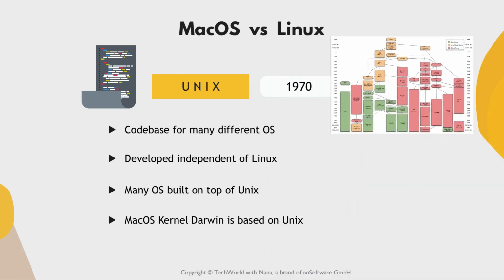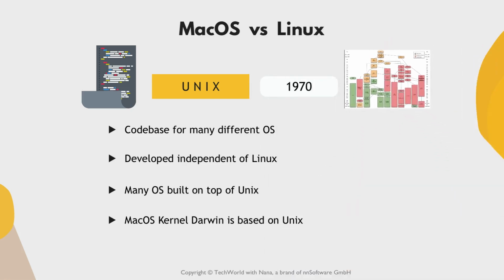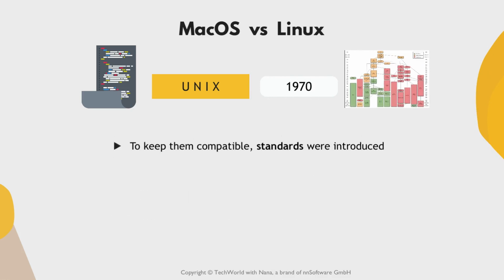And because many different operating systems were developed from Unix, and there were many different versions of them, to keep them compatible with one another, standards were created for programs and applications that would run on these operating systems. So basically, this standard said that if an application is supposed to run on these operating systems, it should implement these specific APIs, it should have these functions, etc., so that you could run this application on different operating system distributions that all came from Unix.